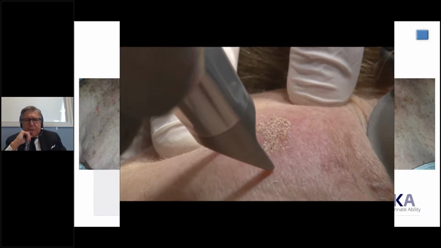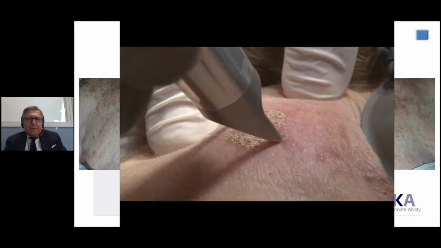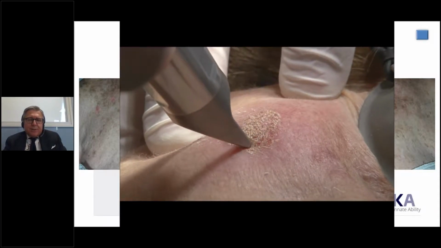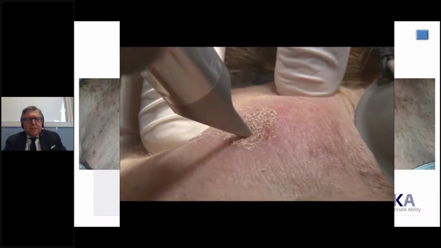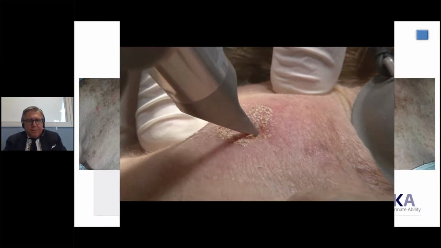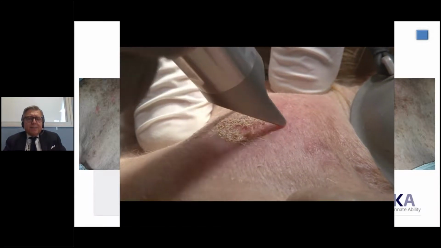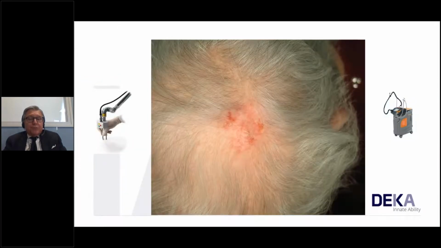You see some hyperchromia, some crepey skin. The skin is thinner than normal, so it's not dramatic, but we definitely have some damaged skin. So we treat free hand, but we can even treat with a fractional.